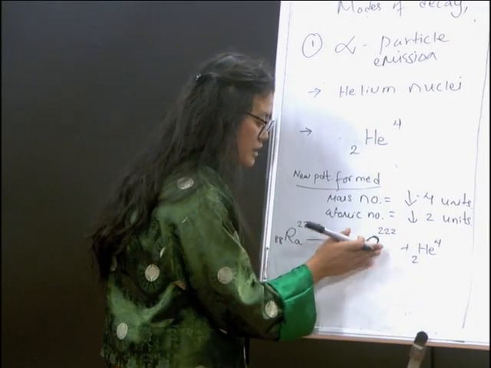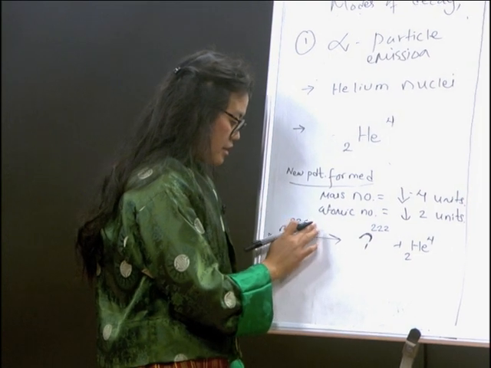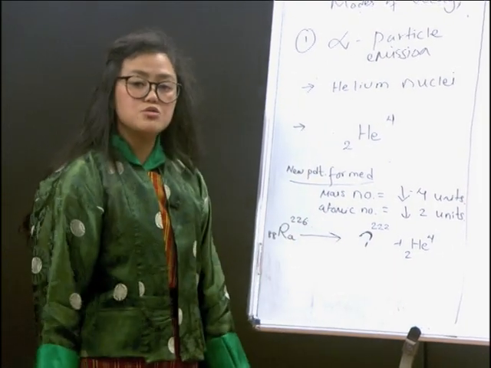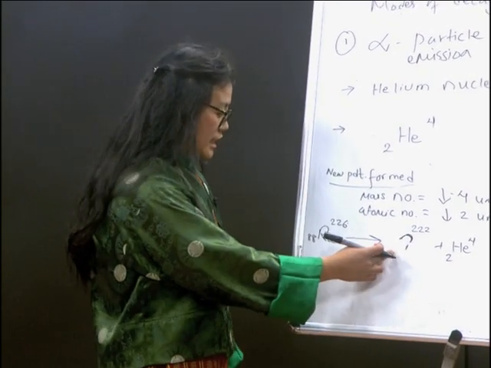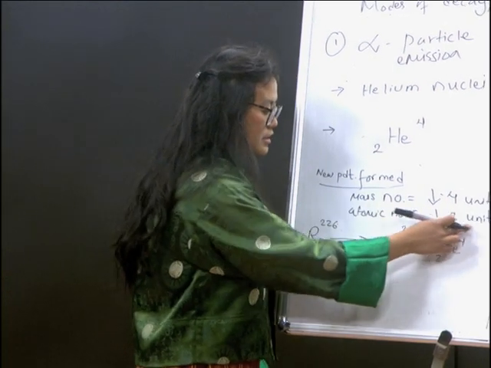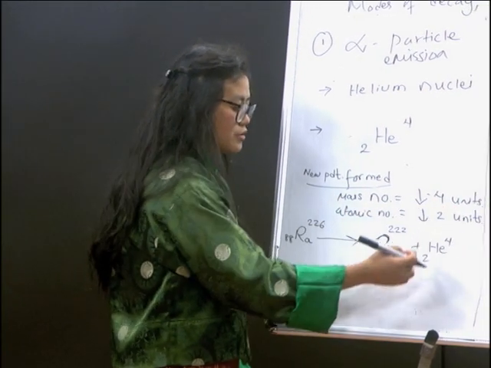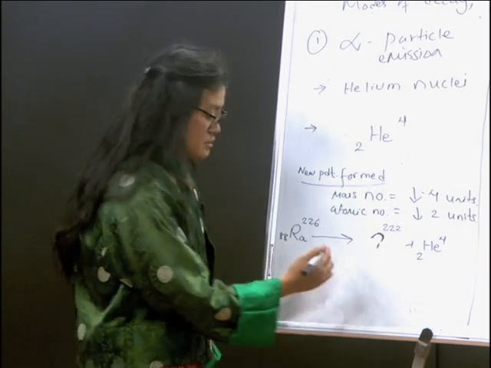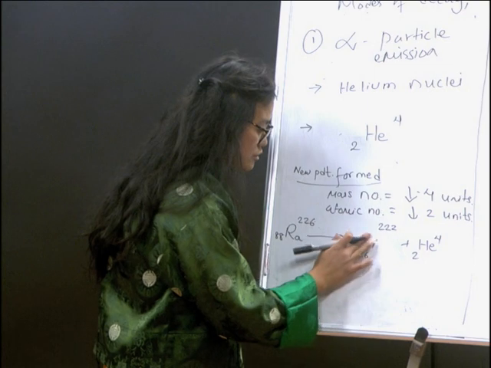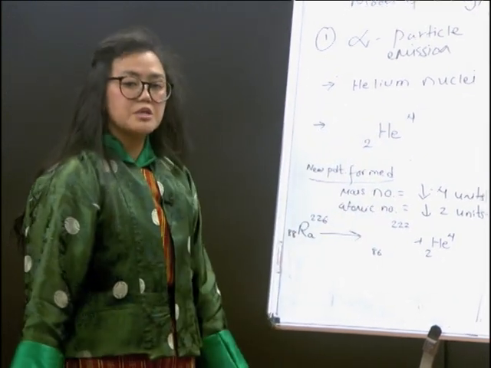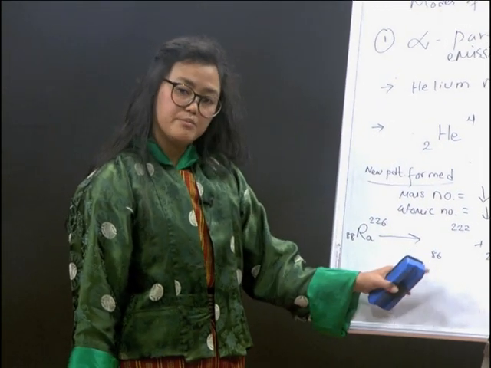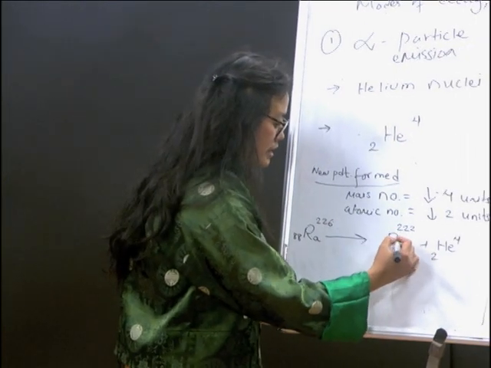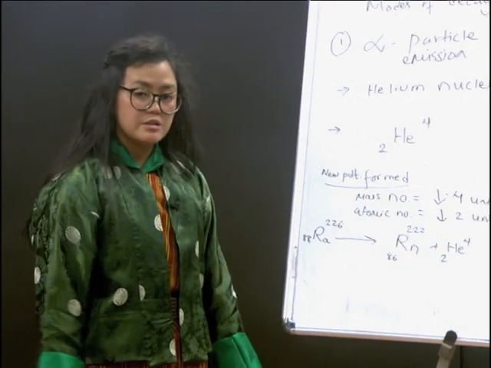So, the new product will have mass number 222. Now, we will see the atomic number. It will be less by 2 units when the alpha particle is emitted. So, 88 minus 2 becomes 86. From your periodic table, this 86 belongs to the element known as radon.